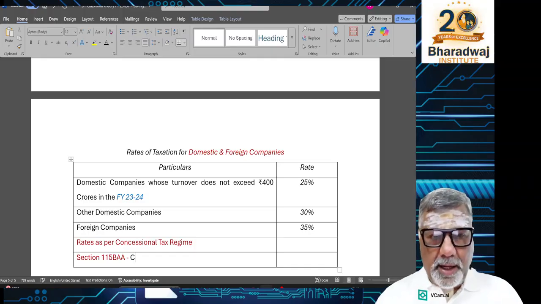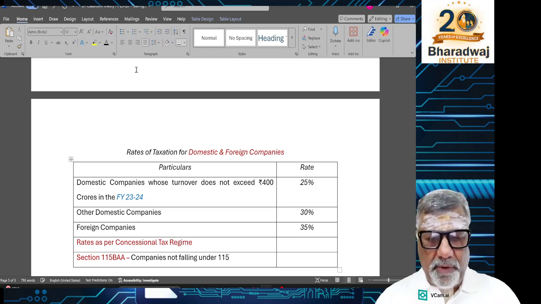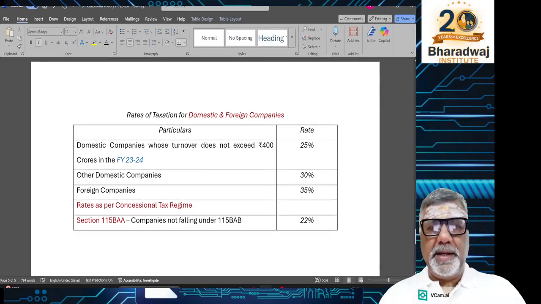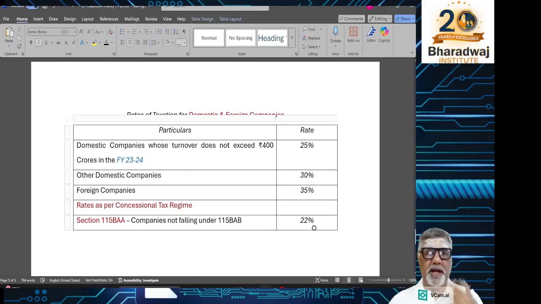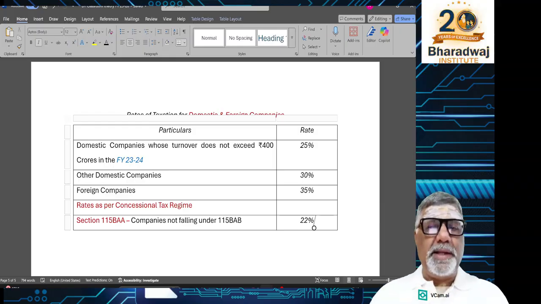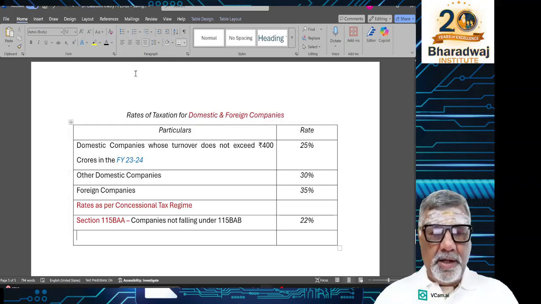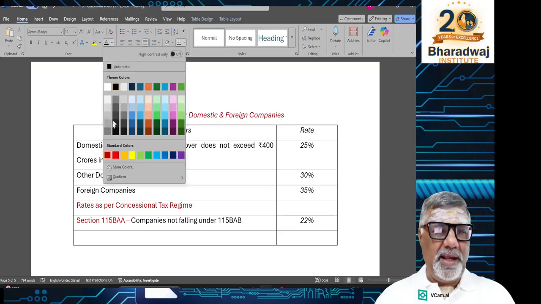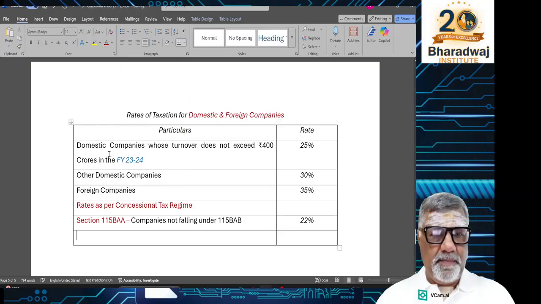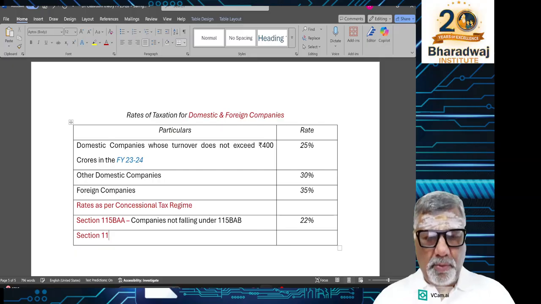Companies not falling under 115BAB, 22%. Okay, I gave it the other way in the classroom. Please correct it.